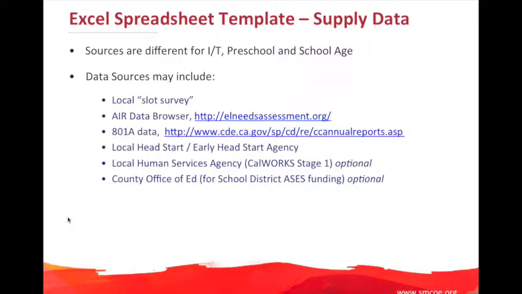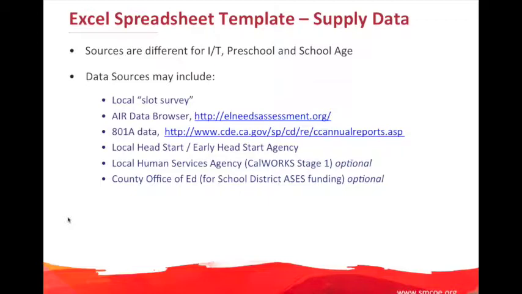And the AIR data browser, which works with CCCA to make it easier for us to find stuff, loads the 801A data there as well as other things. So you can, at this point, go to the AIR data browser and look for those pieces. We'll go into that in a minute.